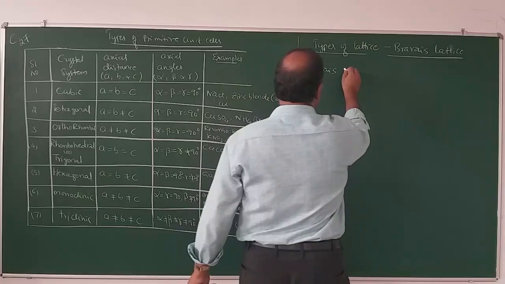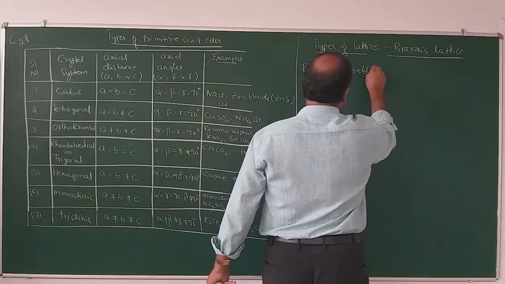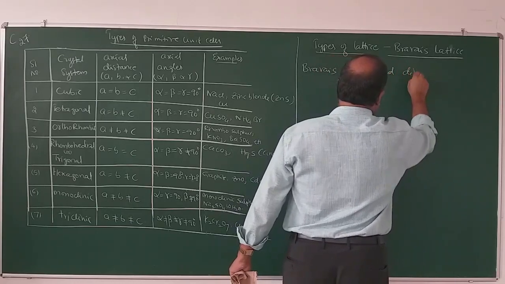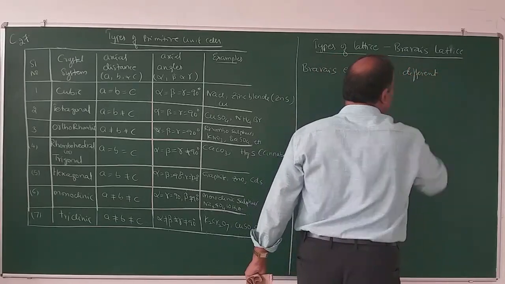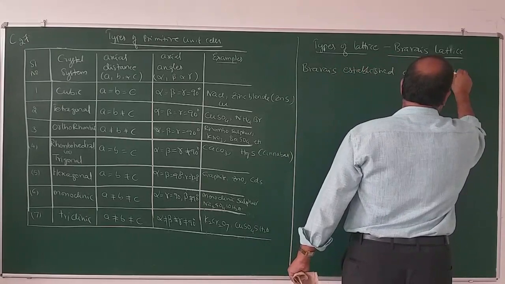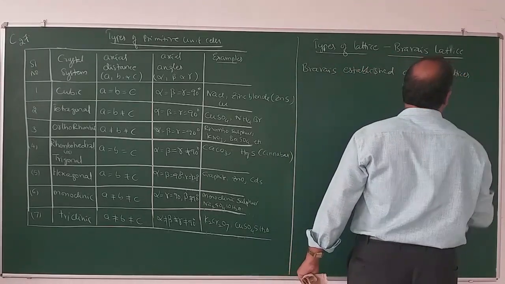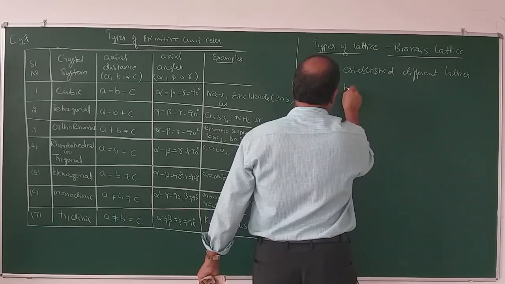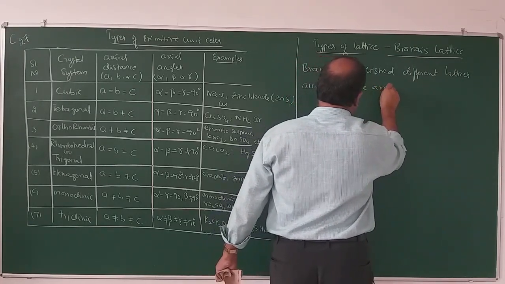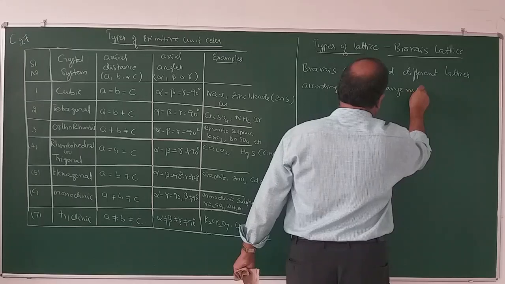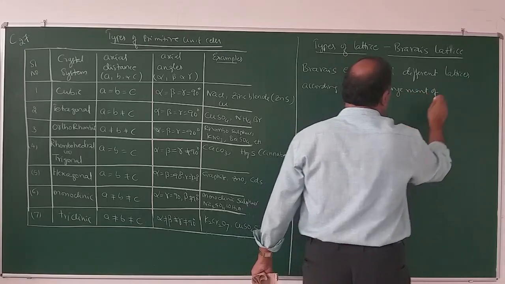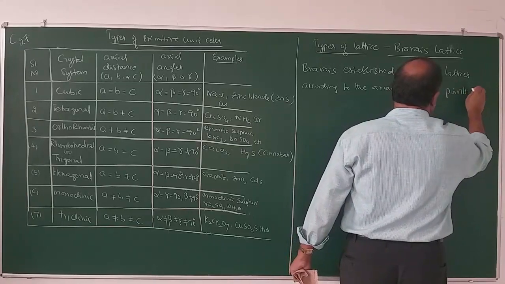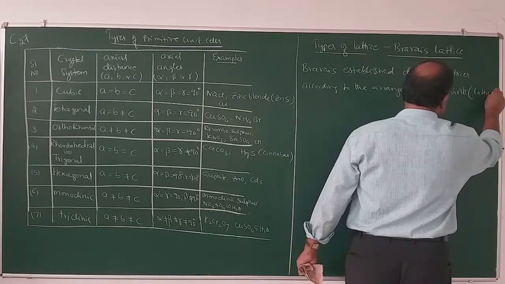Bravais established different lattices according to the arrangement of points. What is meant here by points? Here lattice points.